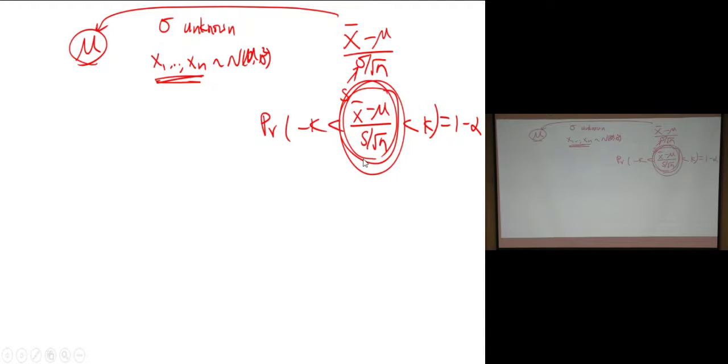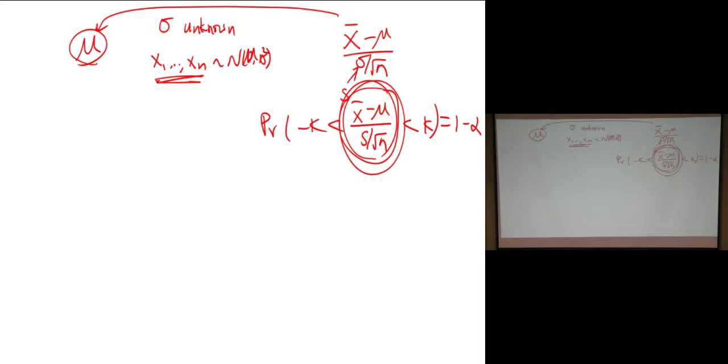This quantity, in statistics we call a pivotal quantity. It is an expression involving mu, the parameter that we're interested in, and the rest can be obtained once we have the sample. Like x bar, once I have the sample, I can calculate x bar. Once I have the sample, I can also calculate s. Once I have the sample, I know what n is.